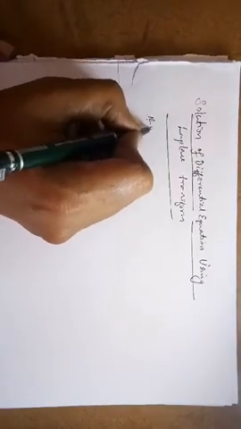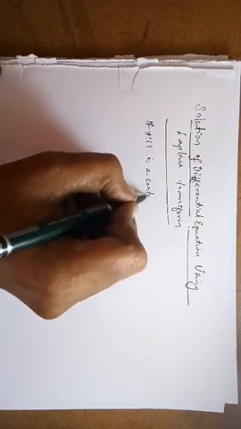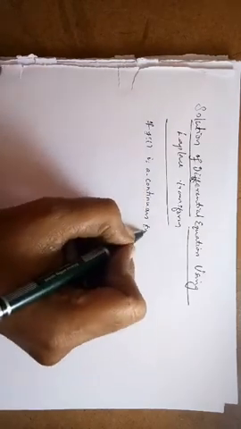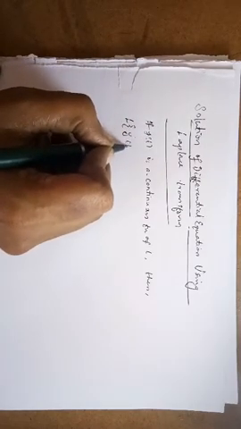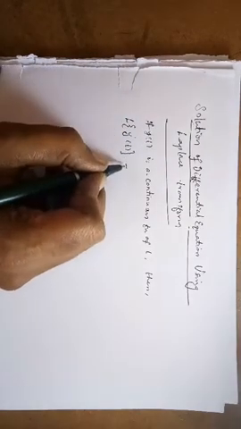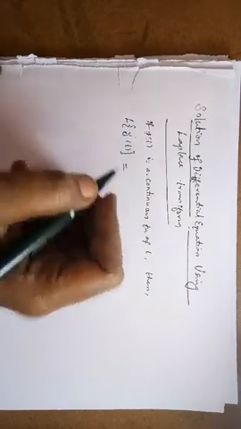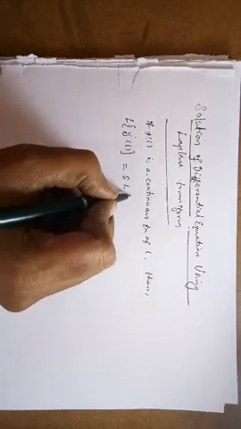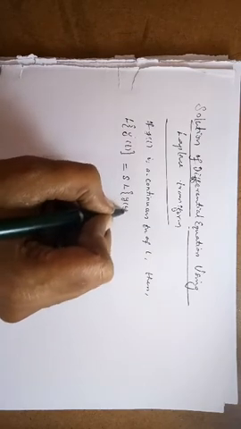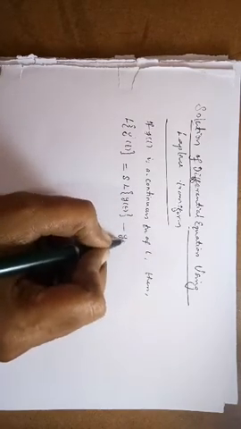For example, first you have to learn the result that if y of t is a continuous function of t, then we can find the Laplace transform of y dash t using a result. Laplace transform of y dash t equals s into Laplace transform of y of t minus y of 0.